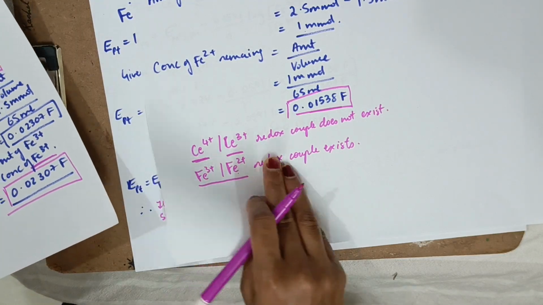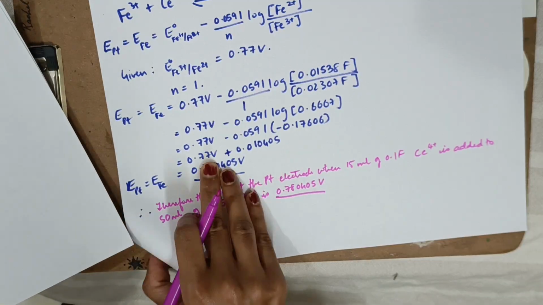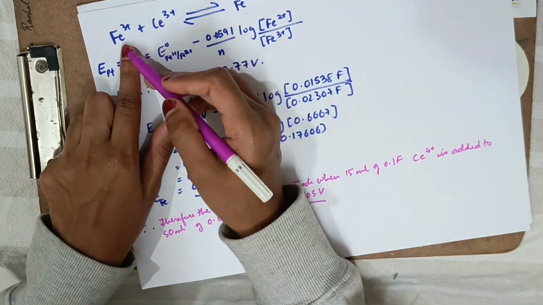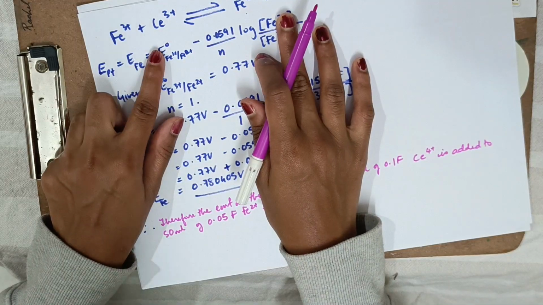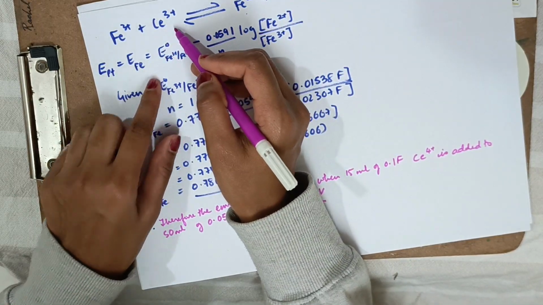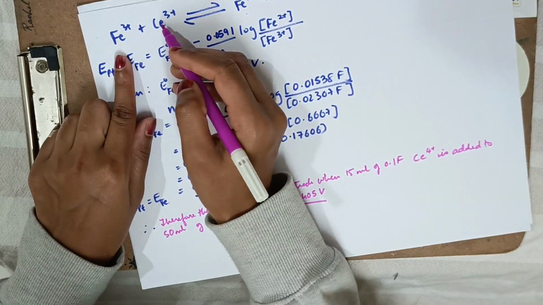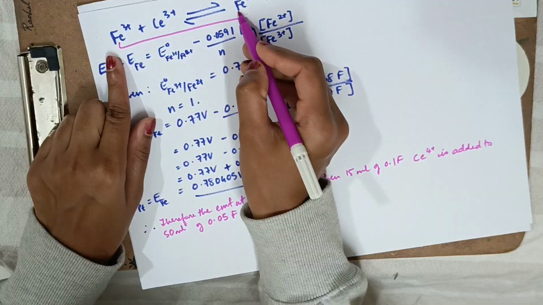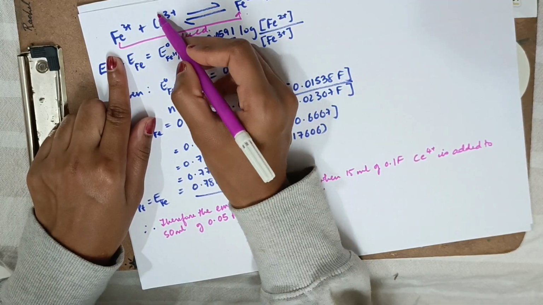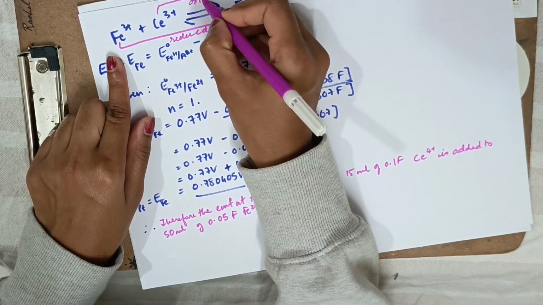And the other chemical equation which we used is this one, where Fe3+ is present after the cerium-4+ gets consumed. So we have cerium-3+ existing, the cerium-4+ is not there, and Fe3+ will gain an electron from cerium-3+ and become Fe2+, that will get reduced. And cerium-3+ will lose an electron and become cerium-4+, this is getting oxidized.